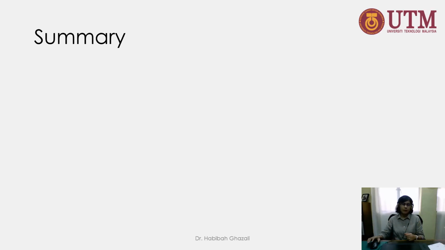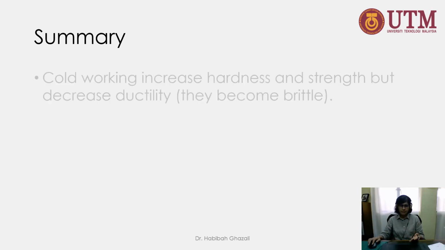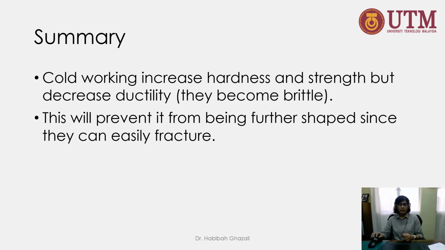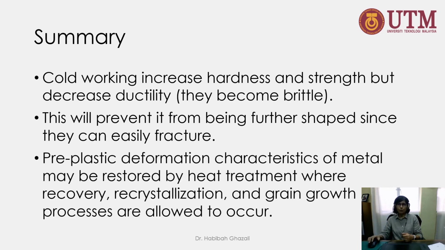So in summary, in this lesson, we've learned about cold working, how by performing cold working, it increases the hardness and strength, but it reduces the ductility, meaning that the material becomes brittle, and this will prevent it from being further shaped since it can be easily fractured. Also, brittle materials are not good for load carrying applications.